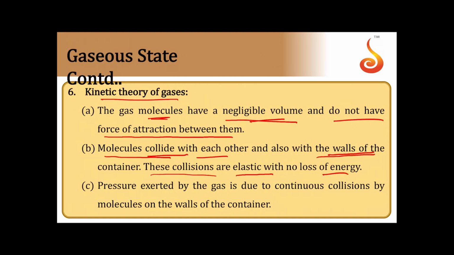Elastic collisions mean that during the collisions, energy will not be lost. Total energy of the system always remains the same. There may be energy transfer from one molecule to another during collisions, but the total amount of energy always remains the same. Such collisions are said to be elastic collisions. So, gas molecular collisions are perfectly elastic in nature.